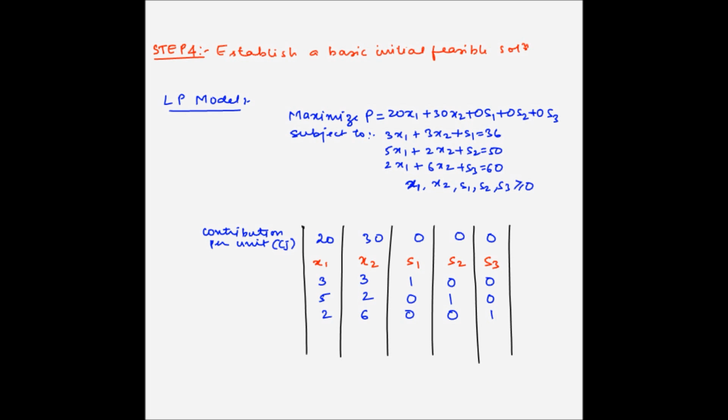Now let's take an example of solving linear programming using the graphical method. So in the graphical method we have the x-axis and the y-axis. Let's say x1 is on the x-axis and x2 is on the y-axis. Now let's say that there are some constraints.